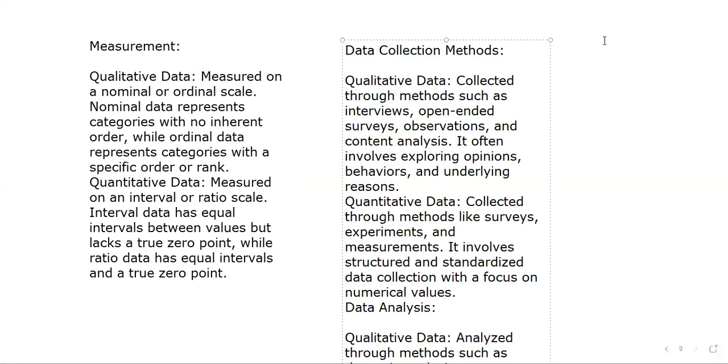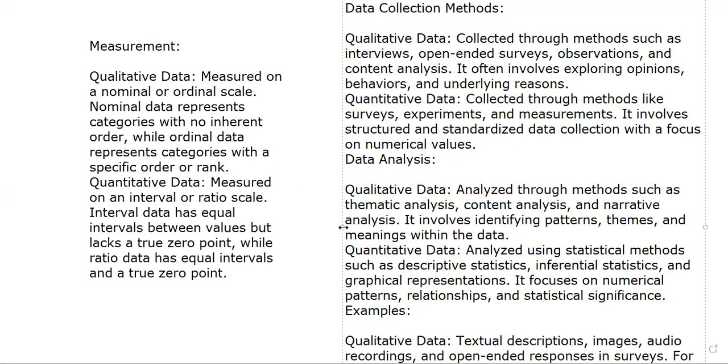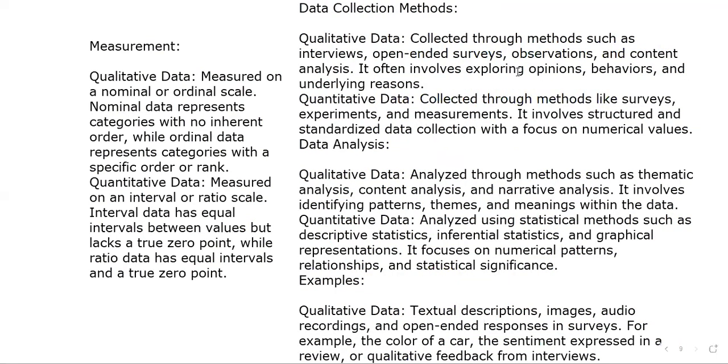It can also be defined in terms of data collection. For qualitative data, we can use interviews, open-ended surveys, and observations, where we describe behaviors. Whereas for quantitative, we use surveys, experiments, and questionnaires, which should be structured or standardized.